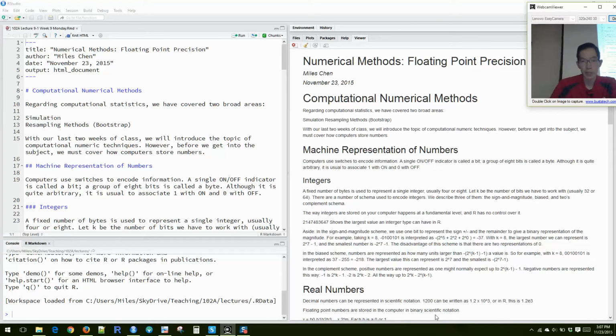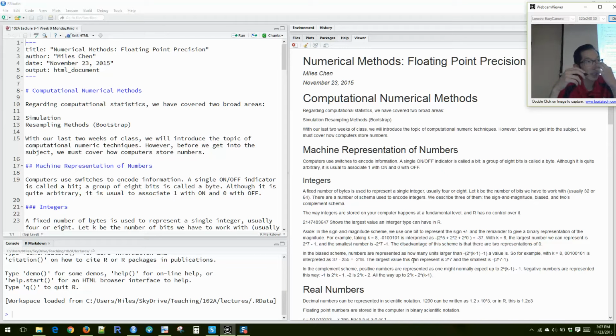The key thing to remember is that everything in the computer is stored as ones and zeros, right? We've got bits. Everything is represented as bits, and if you group bits together, you get bytes and things like that.